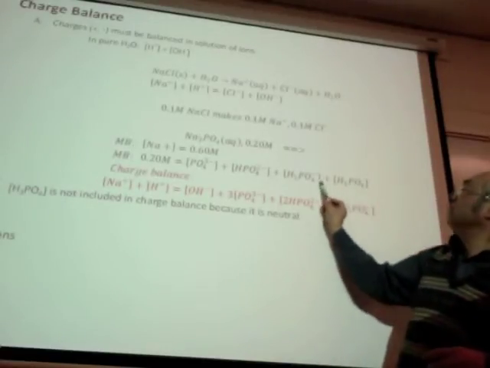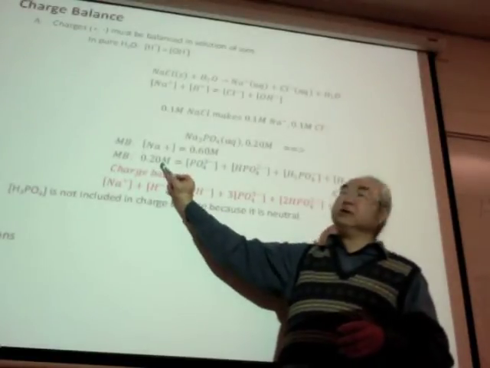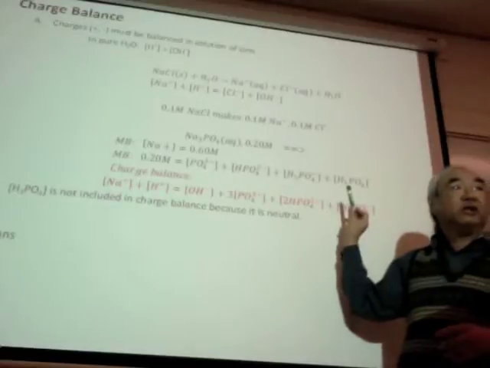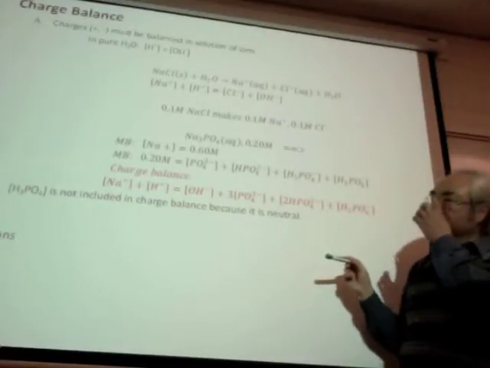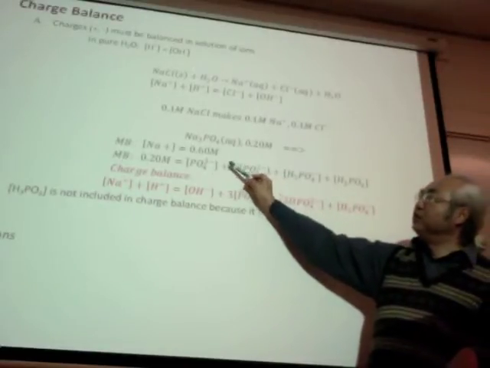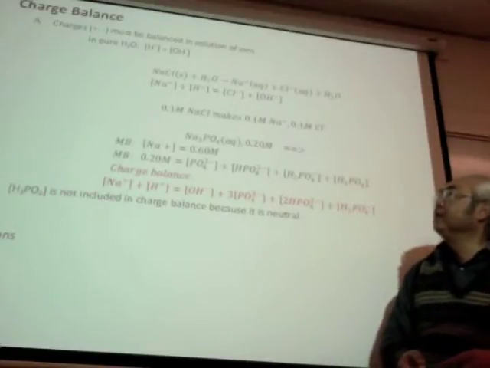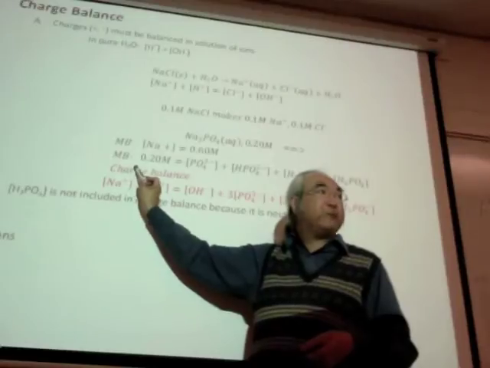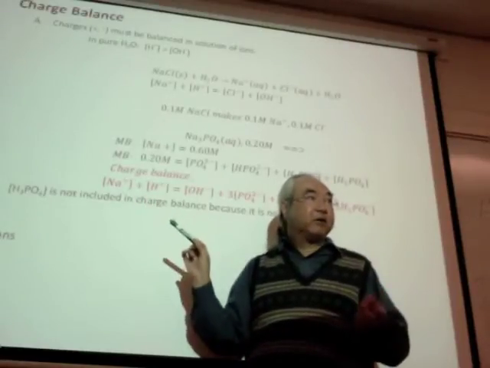So now this is your mass balance. The total mass of phosphate will be equal to the sum of all these species. So this is a mass balance. Be sure you know how to write this. Now, for charge balance, we are looking at the charge contribution from each chemical.